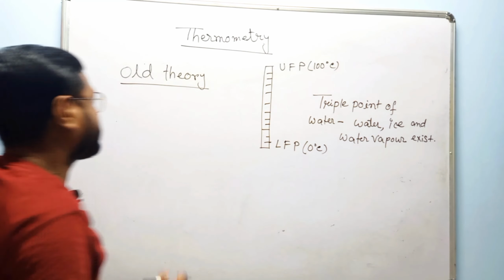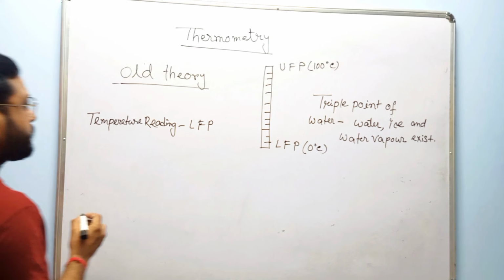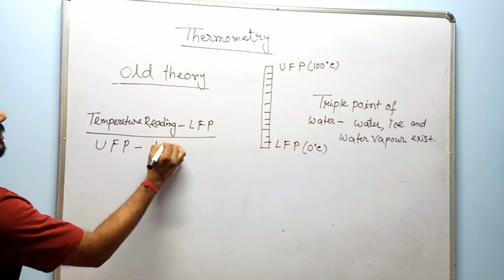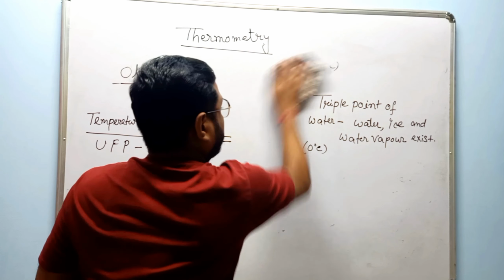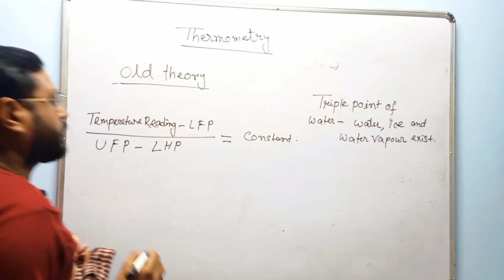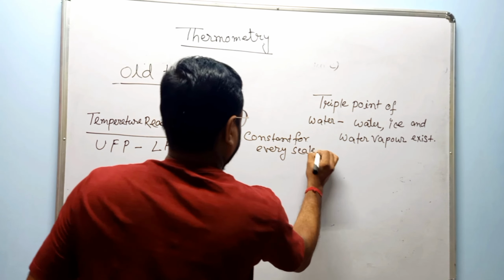So the general theory of any thermometer is: temperature reading minus lower fixed point, divided by upper fixed point minus lower fixed point, is equal to a constant for every scale.